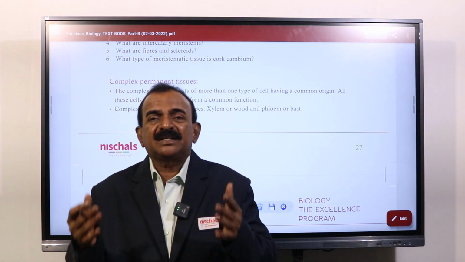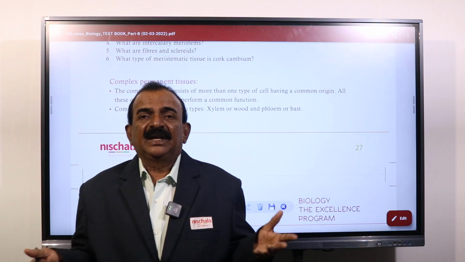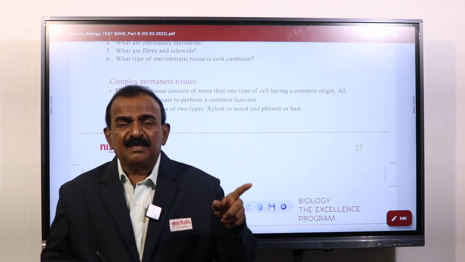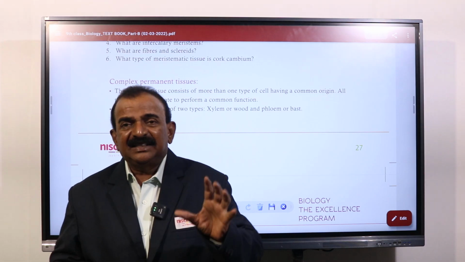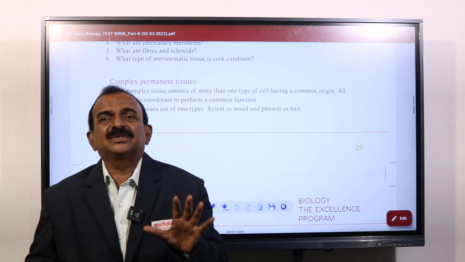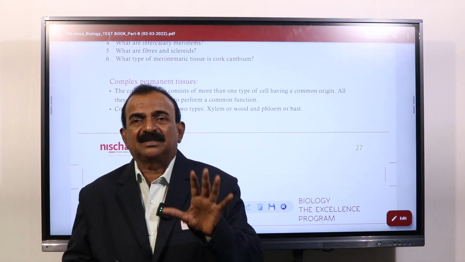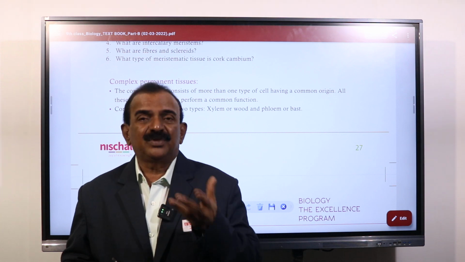They lost the ability to divide once they are formed. Parenchyma, collenchyma, and sclerenchyma are the simple permanent tissues, present in all parts of the plant body, and the bulk of the plant body is ground tissue.